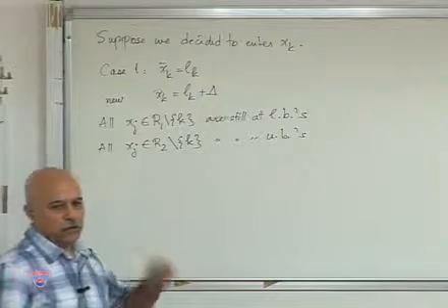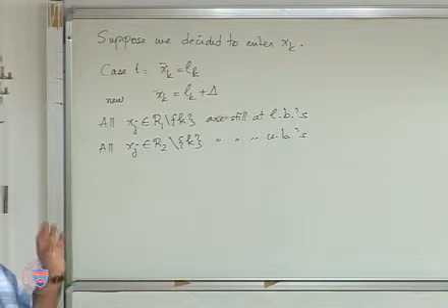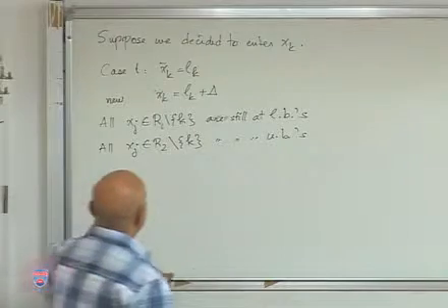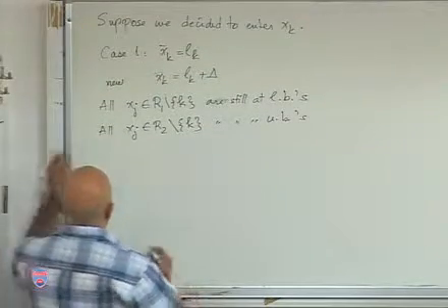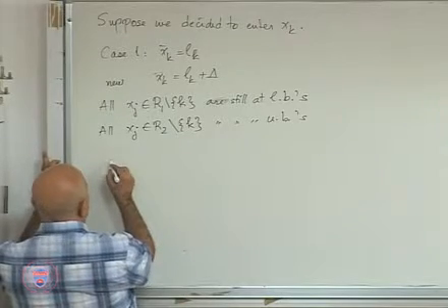So you allow only one non-basic variable to become basic. Okay? In this case, xk will become basic. The other ones are still non-basic. So all of these other than k are still non-basic.